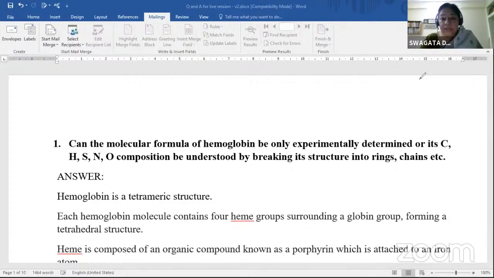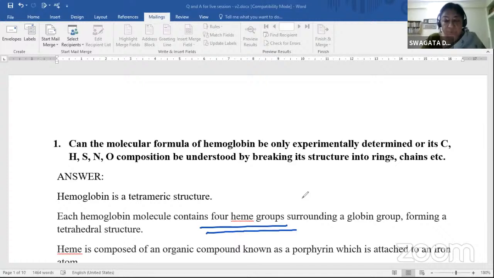Now, we know that hemoglobin is a tetrameric structure, and each hemoglobin is comprised of the 4 heme groups that we see here. The 4 heme groups are surrounded by a globin group. So hemoglobin is this tetrameric structure that we will be seeing.